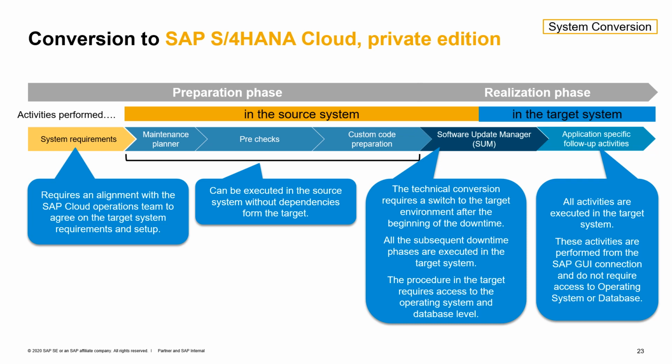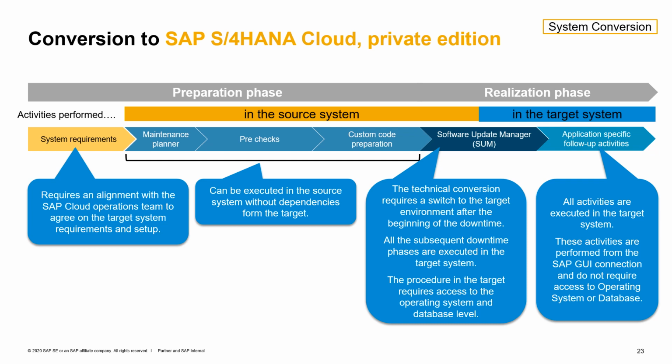The execution of the Software Update Manager in the target system, as well as in the source system, requires direct access to the operating system layer, and this will have to be organized together with the SAP Cloud Operations team that is in charge of the target landscape in the private cloud. We have previously seen that this is done using the migration server.